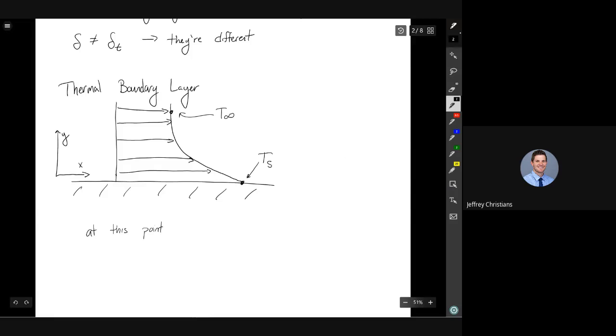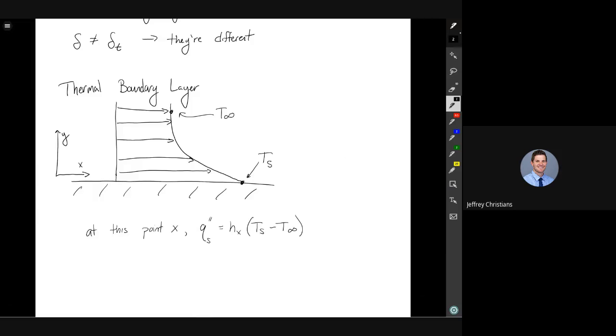At this point, we could describe convection by our normal convection equation. So at this point, X, QS double prime is the convection coefficient at X times TS minus T infinity, right?